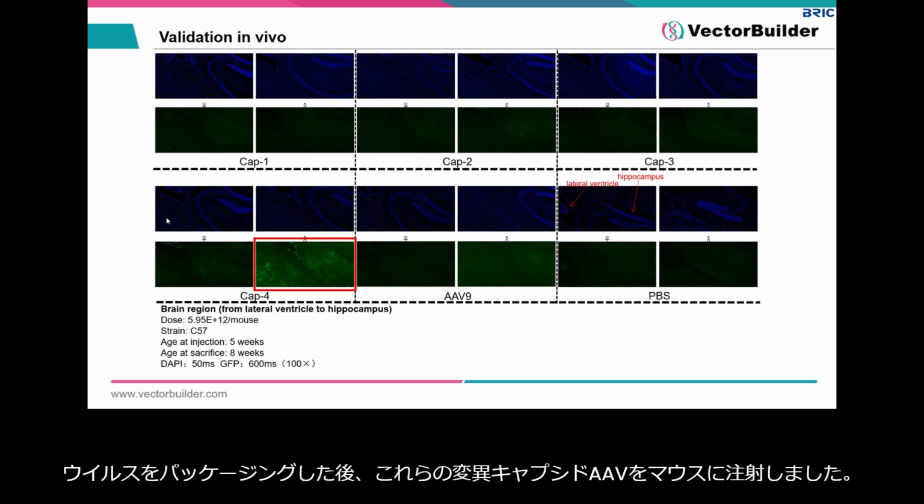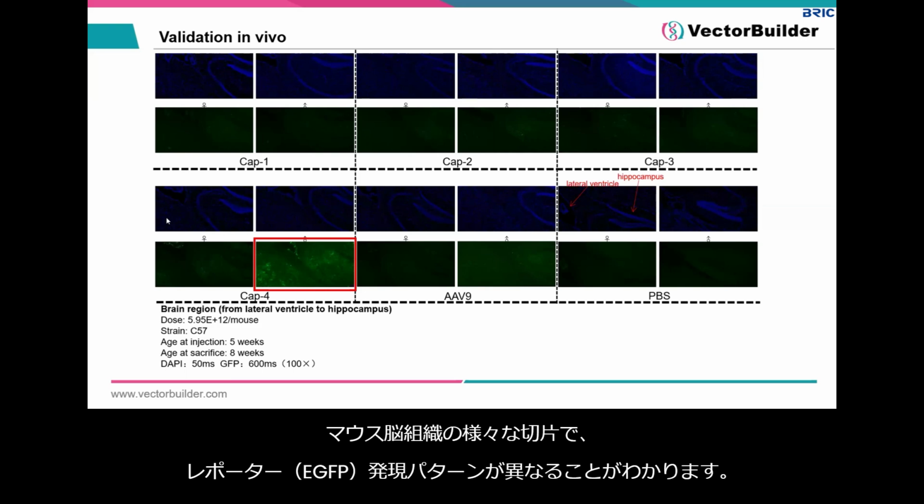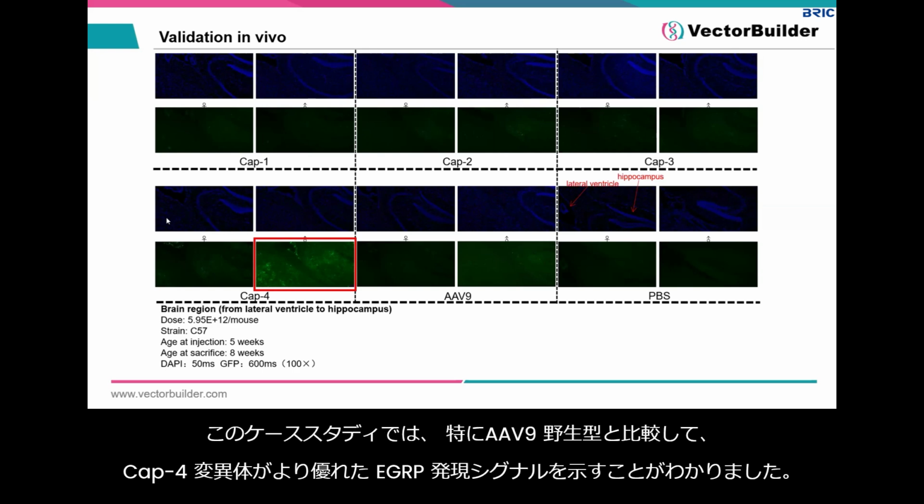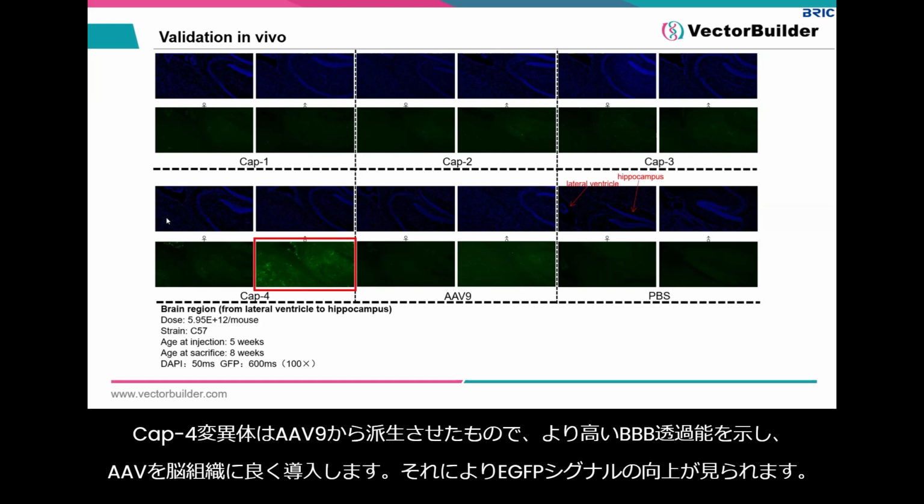After virus packaging, we will inject the mice with these mutant capsid AAVs, and after that we can find different sections of the mouse brain tissues have different reporter expression patterns. For this case study particularly, we found that the CAP4 mutant generated better EGFP expression signals, especially compared to the AAV9 wild type, because we derived this mutant from AAV9.